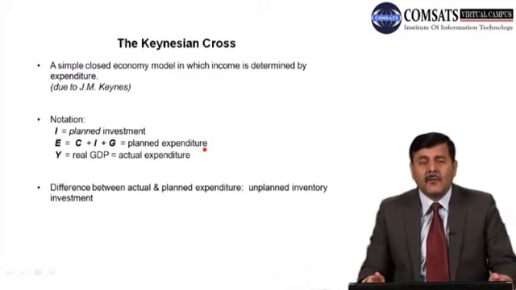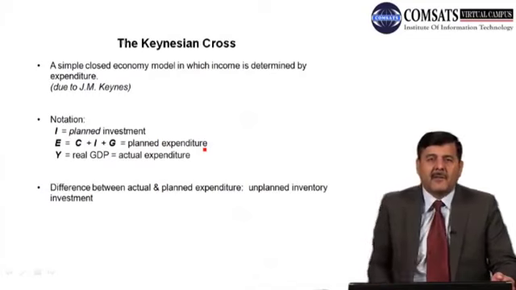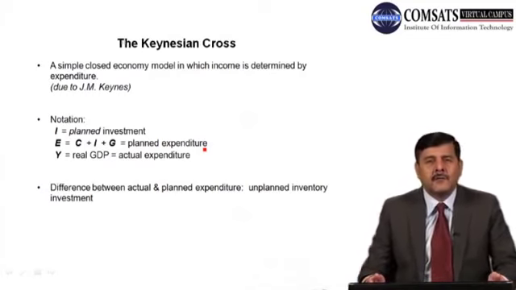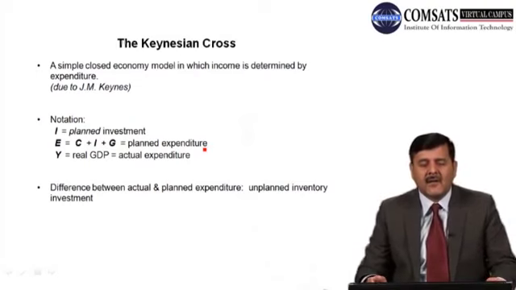And as we have learned in chapters 3 and 4, Y, which is real GDP, is always equal to expenditure. That was the identity we developed in chapter 3, and we have seen that the output level is equal to the expenditure level in the economy. Now, the difference between actual and planned expenditure is the unplanned inventory investment, right?